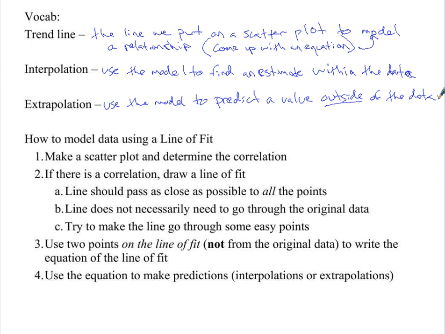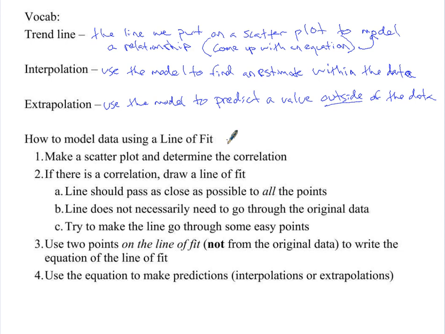So the data point that you guys found for me, my foot length, was outside of your data set, which means that what we did was extrapolation. We predicted my height based on the data that we had. Because we had to predict it, my foot length was outside of the data that we had.